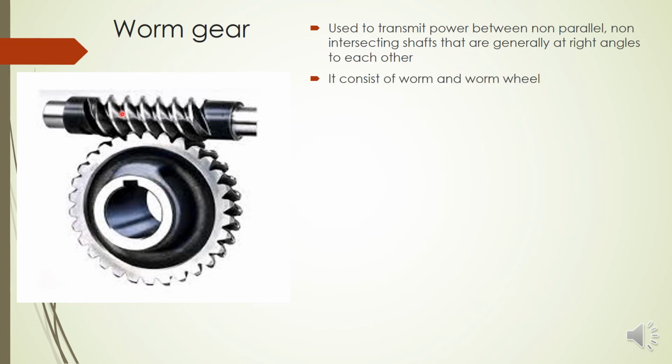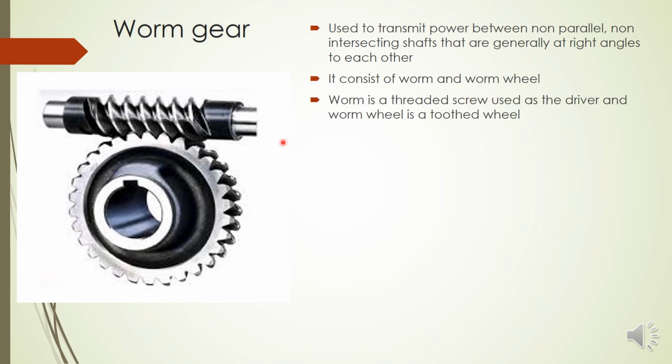And it consists of two gears. You can see here one is entirely different from the other. This is known as the worm. This is known as the worm wheel. So a worm gear consists of two gears. One is the worm, and this one is the worm wheel. Now the worm is a threaded screw-like gear.